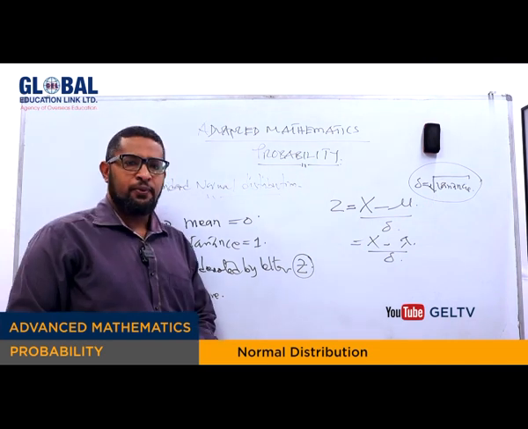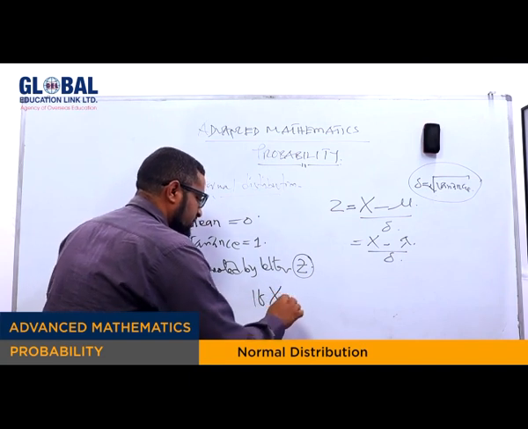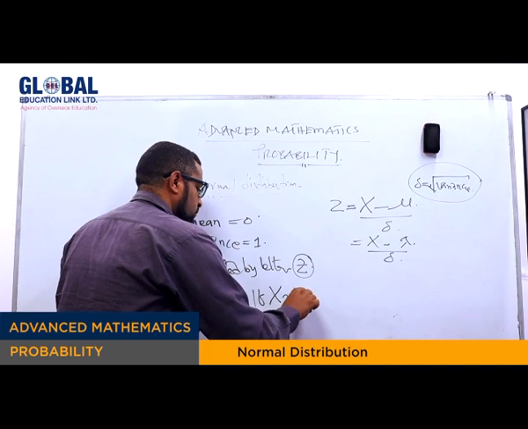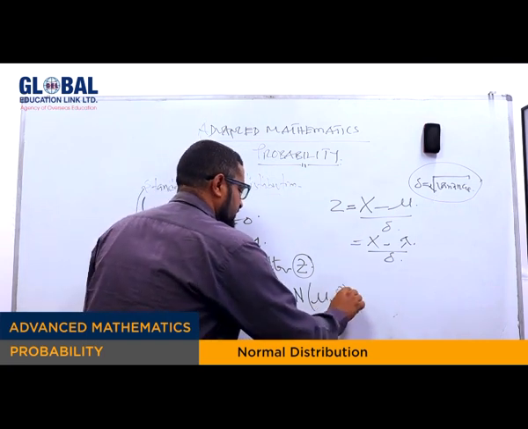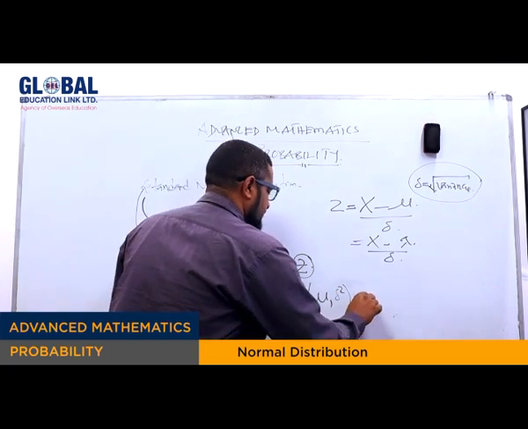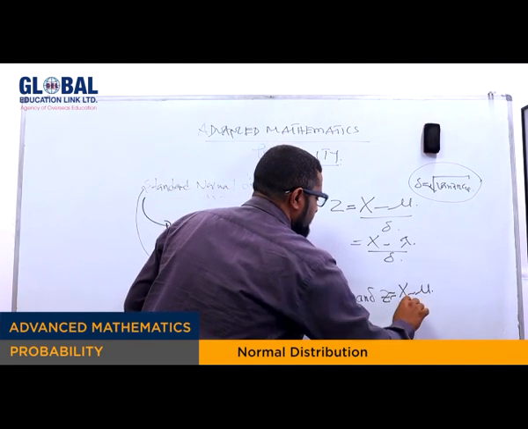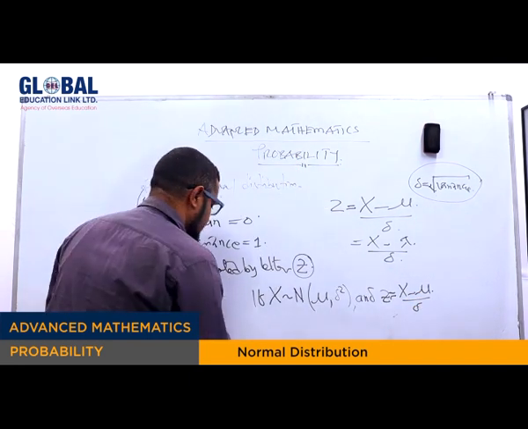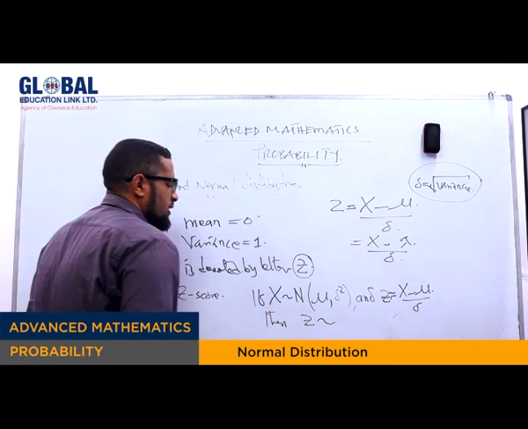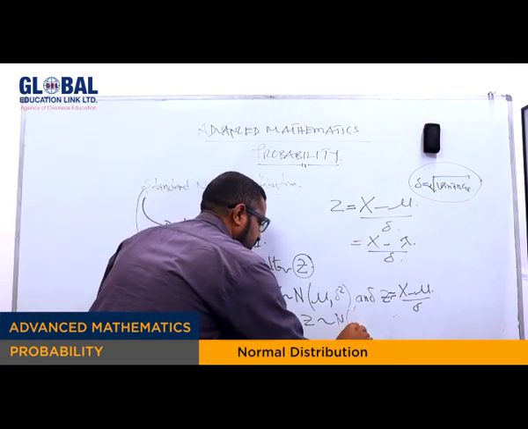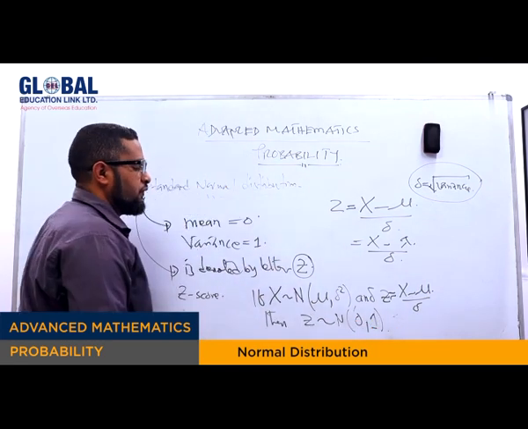But before checking an example, if the variable x approximately follows a normal distribution with a given mean and variance, and z is equal to the variable x minus the mean divided by the standard deviation, then we simply write that z approximately follows a normal distribution having a mean of 0 and a variance of 1.